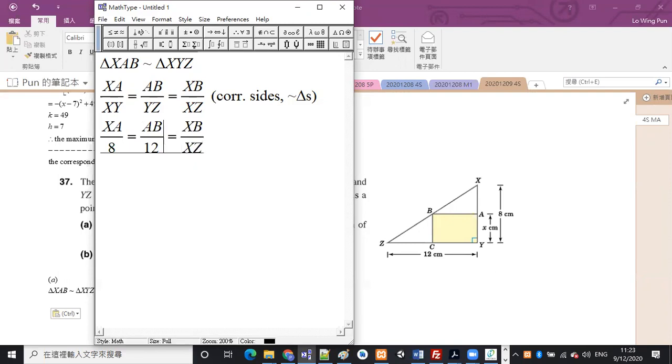OK, 不過我哋而家想揾 AB in terms of x，我哋諗唔諗到啲 x 啦？其實 can you see that XA is actually equal to 8 minus x? OK, 8 minus x. All right. So from the first two fractions, this equation, we can see AB is the only unknown.